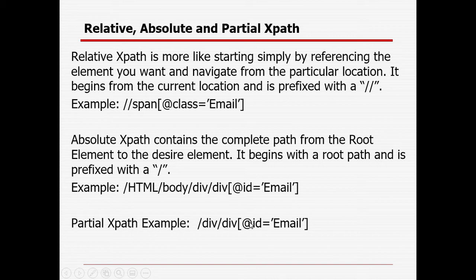But in real time, absolute XPath might be difficult to use for identifying the element every time, because suppose you are starting from the root node, and some change happens in any of the elements. Then your element identification will fail. So that is the reason you should always go with the relative XPath, where you identify an element which will never change. With that reference you can proceed to the XPath creation.